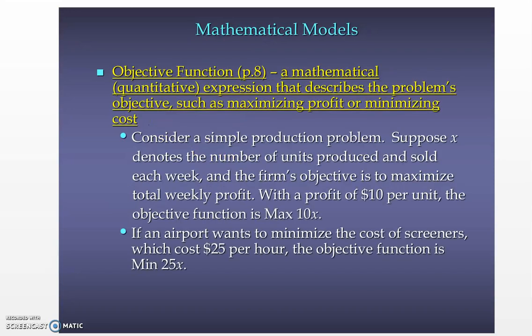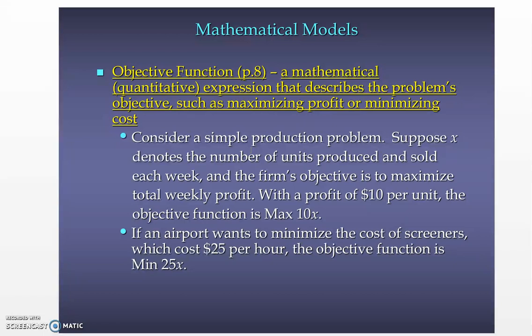All right, so here's where we get into something very specific, and I really want you to understand this notion of the objective function, right? It's an expression that describes what we're trying to accomplish in terms of an objective, like maximizing profit or minimizing cost. So let's consider a simple production example. If we can make X number of units produced and sold in a given period of time, say a week, the objective might be to maximize weekly profit.